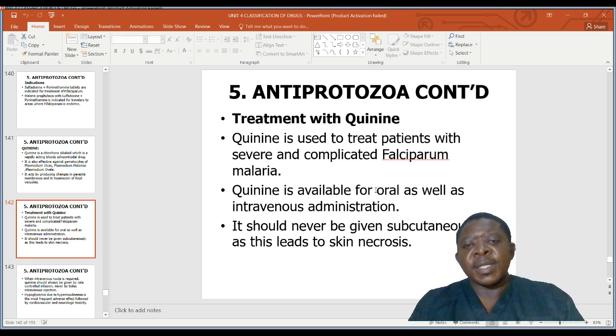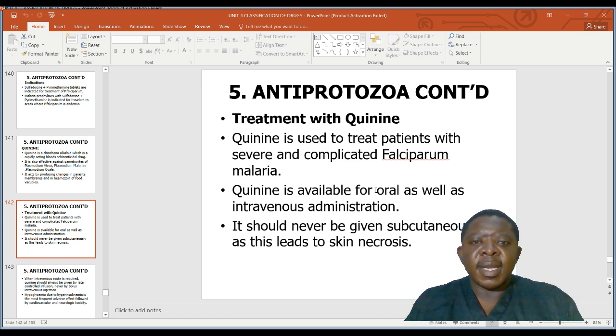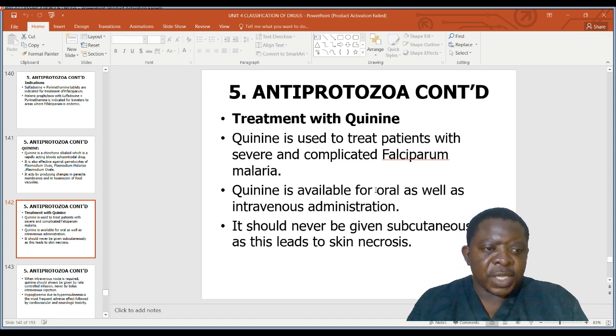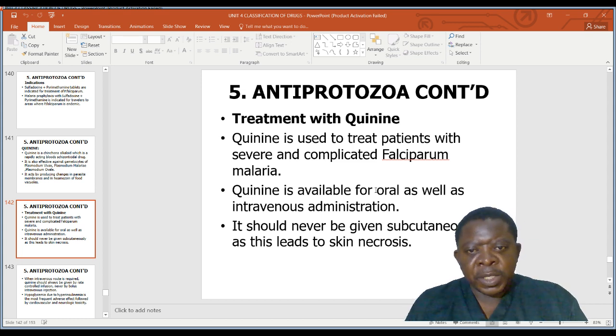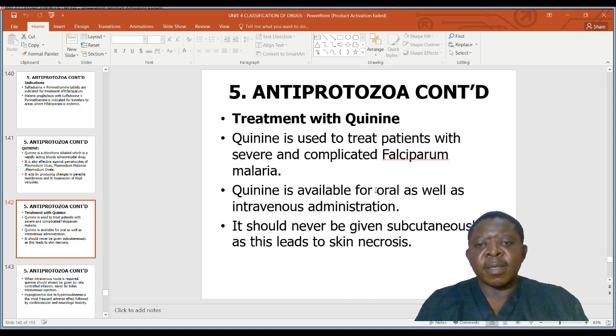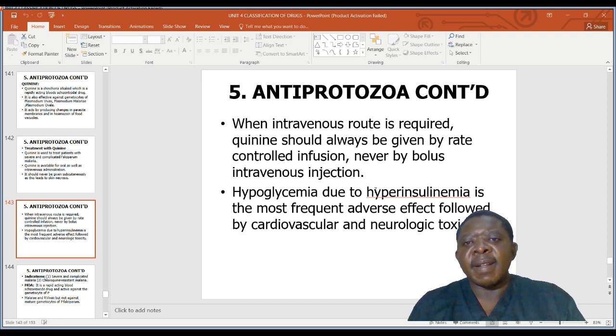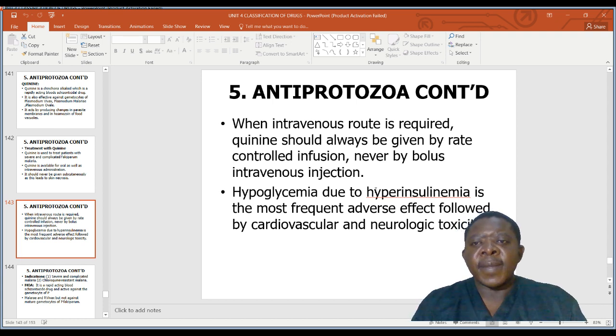Quinine is available for oral as well as intravenous administration. It should never be given subcutaneously as this may lead to skin necrosis. When the intravenous route is required, quinine should always be given by rate-controlled infusion, never by bolus intravenous injection.